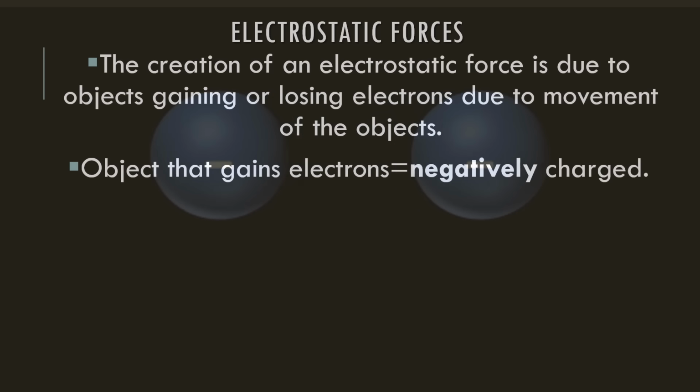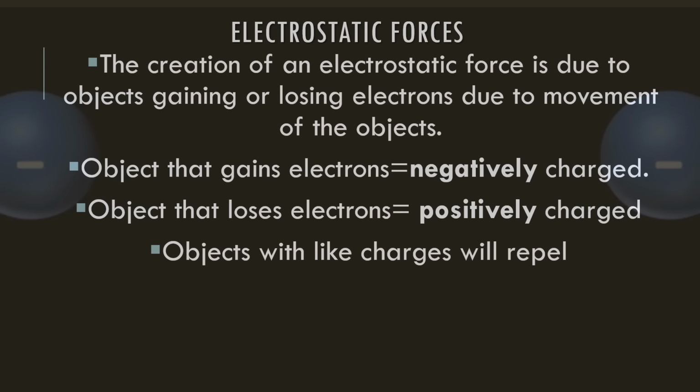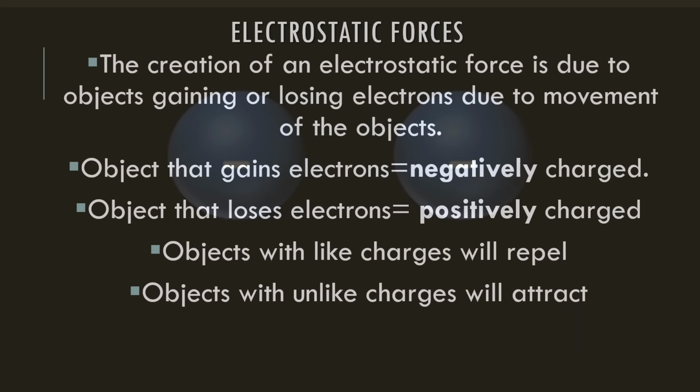Objects that gain electrons during the movement will become negatively charged because electrons have a negative charge, and objects that lose electrons will become the positively charged object as they lose negativity. Objects with like charges will repel each other, and objects with unlike charges will attract each other.